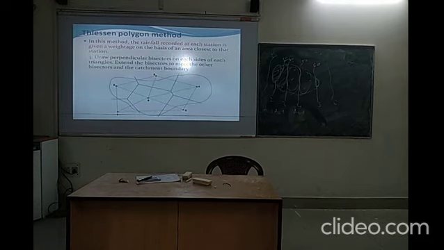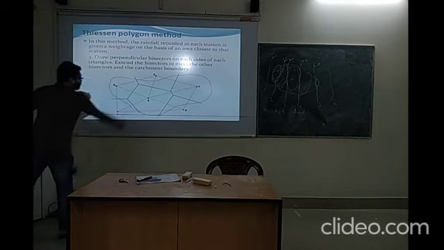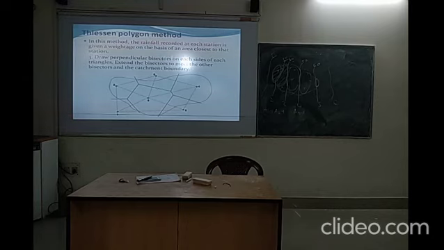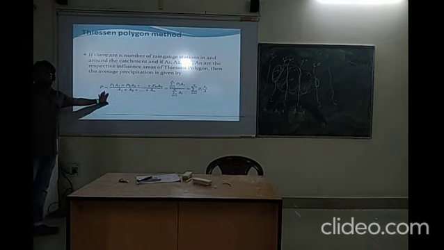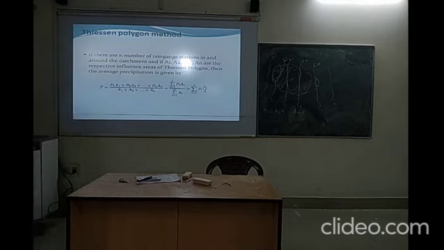Then you have to find the perpendicular bisectors, and extend the bisectors so that they meet at certain points, and that creates the polygons. That will be considered as the influence area of the stations, and ultimately we can find the precipitation by this formula.